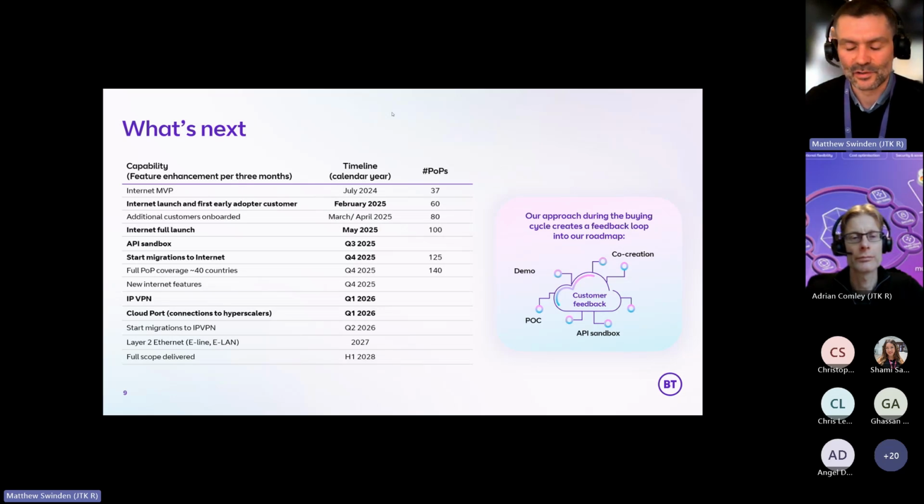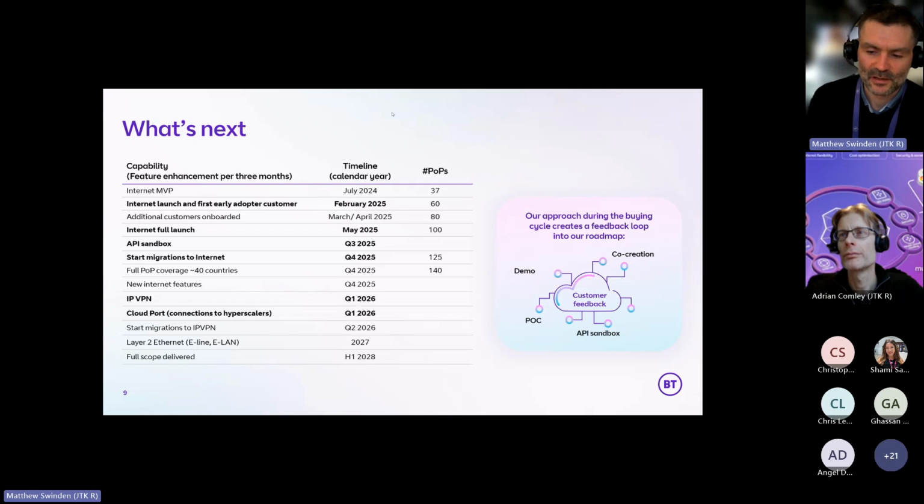How are you able to look at the optimal internet breakout points? Then also the API sandbox: how do you make sure that we've got the perfect order journeys between different systems, etc.? All of this is iterative design with our customers. And that's something that we have been doing in the last 12 months, and what we will be doing for the next 2 years as we build this out.